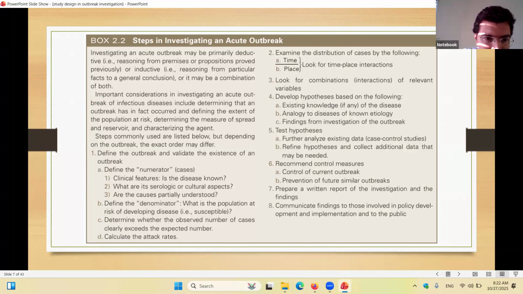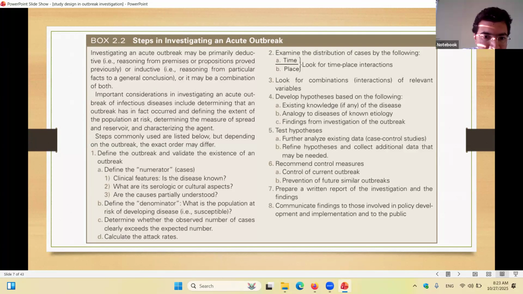The first step is to define the outbreak and validate the existence of an outbreak. This step in turn falls into four categories. The first one, A, is to define the numerator or number of cases, which includes clinical features. Is the disease known? What are its serologic or cultural aspects?